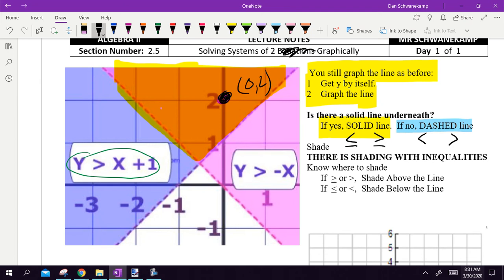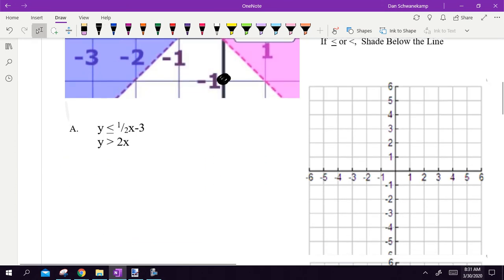That number right there is going to make both of these statements true. If I plug in 0, 2 is greater than 1, that's a true statement. And if I plug it in here, 2 is greater than 0, that is also true. If you put this number right here, it's not going to make it true because it's not in the right segment. Okay, but that's what we're trying to do here.